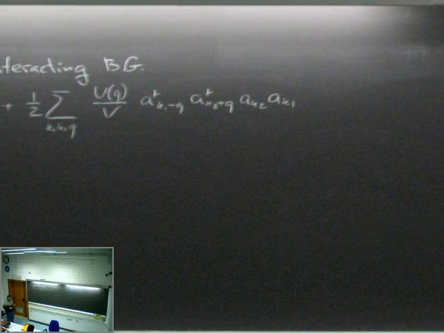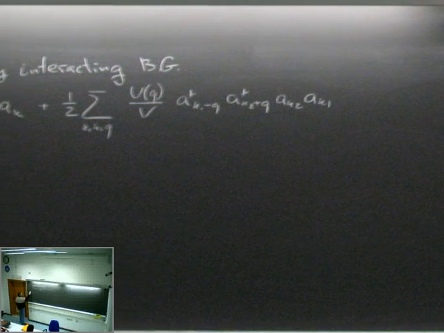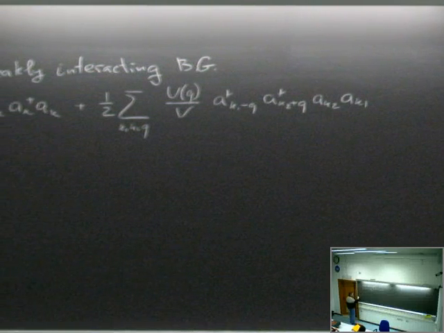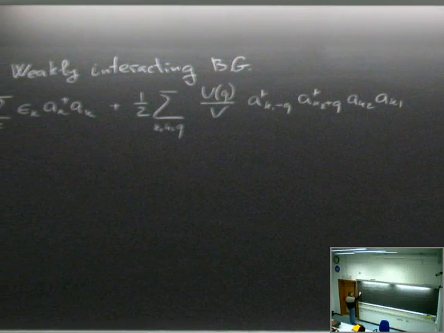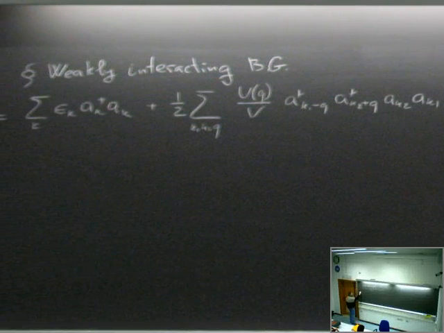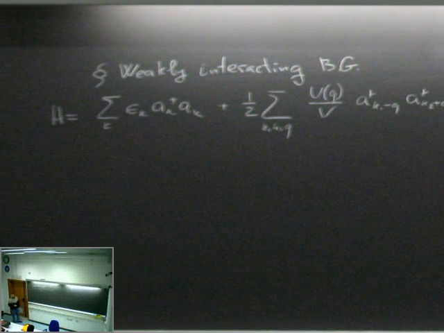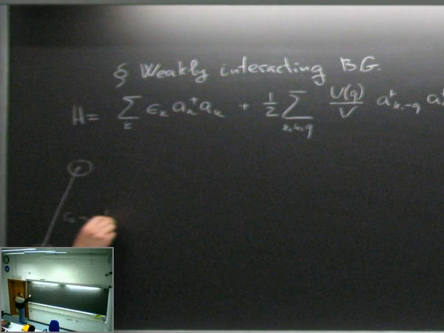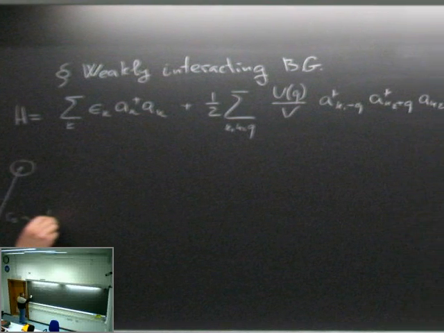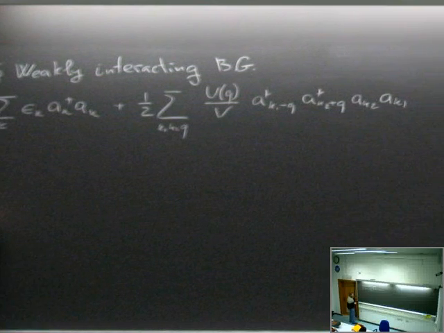with a weak interaction. What does it mean, the interaction length? Once again, we have the mean distance between particles. This is R naught. And naturally, R naught is 1 over density to the power 1/3.